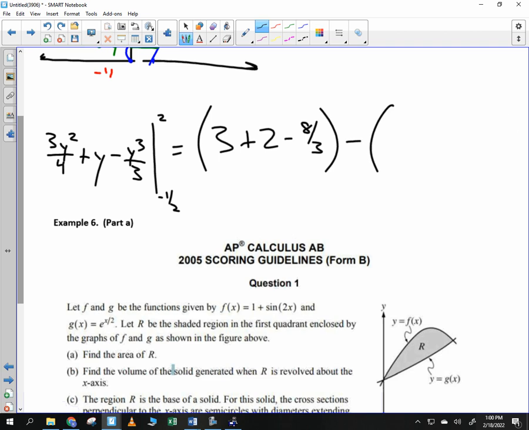Minus, now I got the dreaded fraction, negative 1/2 squared, positive 1/4 times 3, 3/4. 3/4 divided by 4, 3/16. Negative 1/2, so minus 1/2. And then negative 1/2 cubed is negative 1/8 divided by 3 is negative 1/24, so plus 1/24.